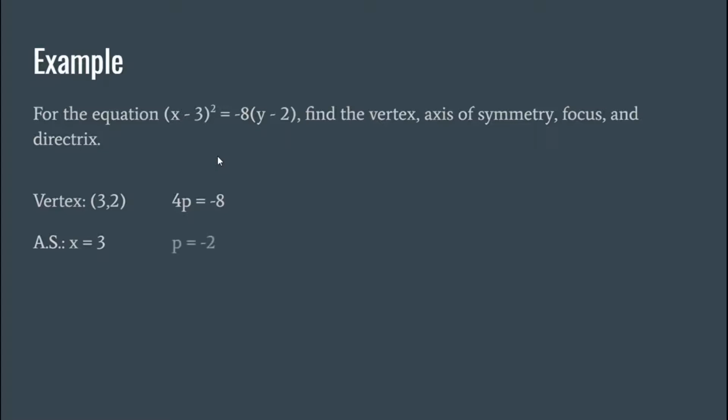So we'll just solve for p. Basically, we're taking this value, making it equal to 4p, and solving for p. So this p here will be what we need to find the focus and the directrix.